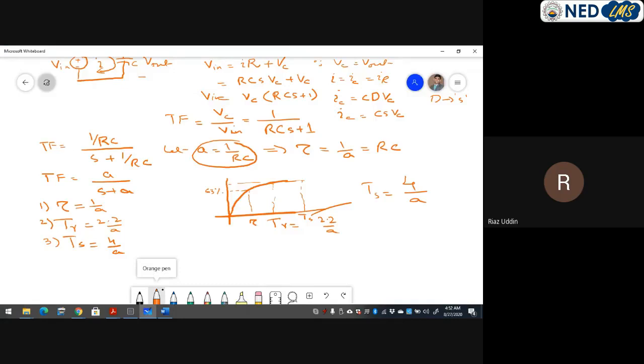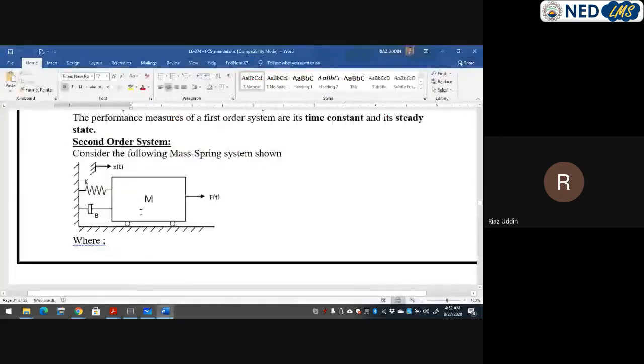Let's take another example here. I'm talking about a second order system right now. For example, you get a spring and a damper, K and B, and then you get a mass. It is still a second order system, but the equation will be different from this one. So every time, you don't need to remember what kind of equation you are going to get.